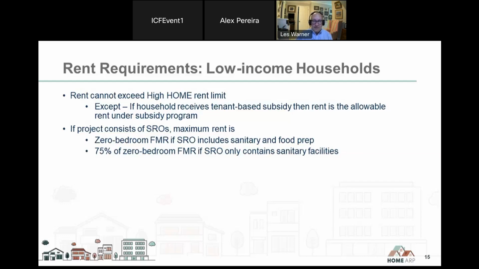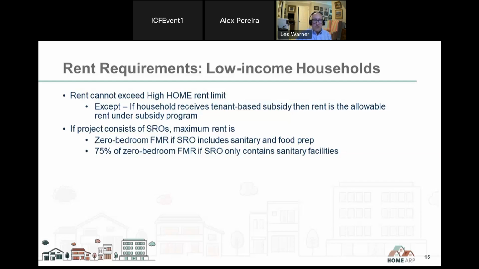So whatever that tenant-based subsidy limit is would be the maximum, because in this case, we might be exceeding the high HOME rent limit, but that tenant is only paying that affordable rent that's been set for them. That subsidy is paying the balance. And that's why we have this exception to allow them to exceed the high HOME rent, because it does not have an impact on the affordability for that individual tenant. They're still paying that affordable rent.